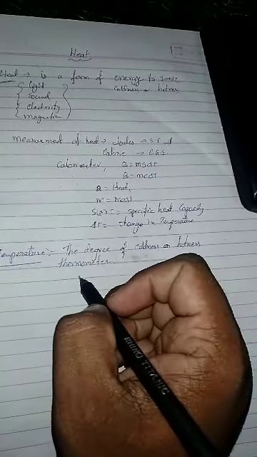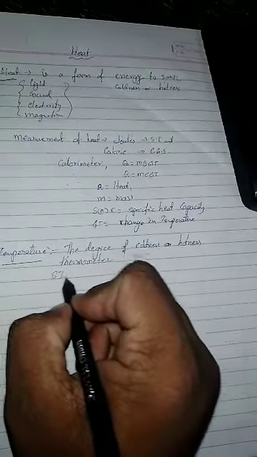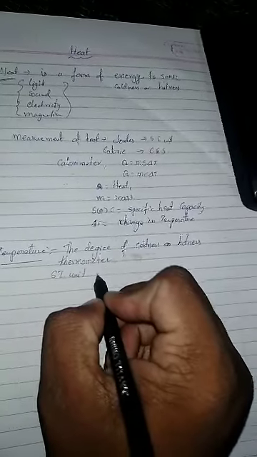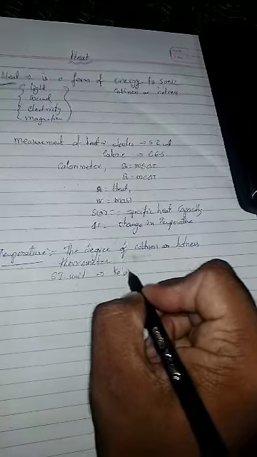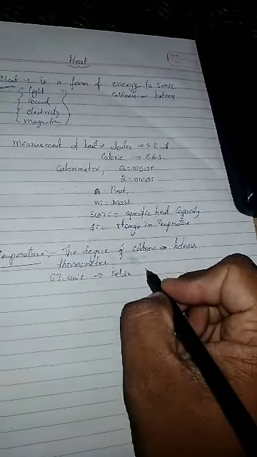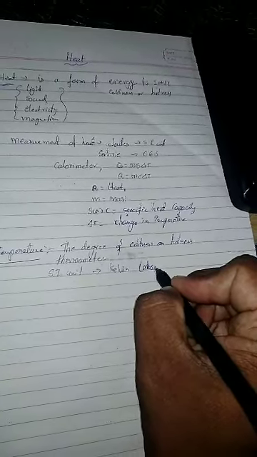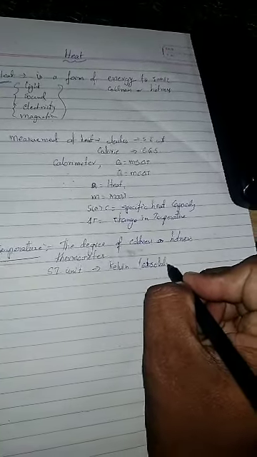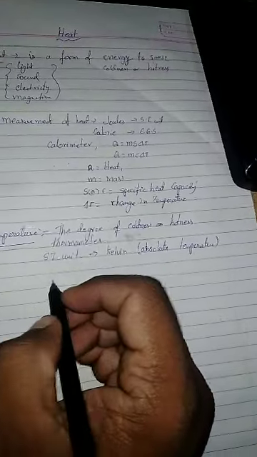It's measured using a thermometer, and the SI unit to measure temperature is Kelvin. This is called absolute temperature. We discuss next about this absolute temperature.